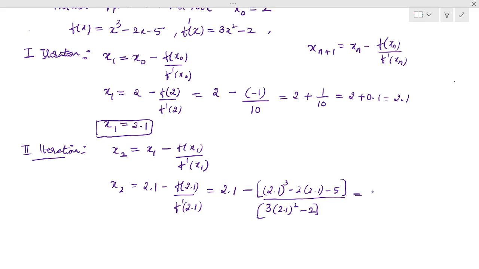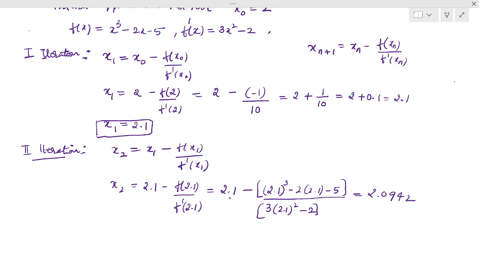Students, you can use the calculator to calculate this. This is 2.1 minus, you evaluate the numerator separately and the denominator separately and divide the two, and subtract from 2.1. You will get 2.0942.